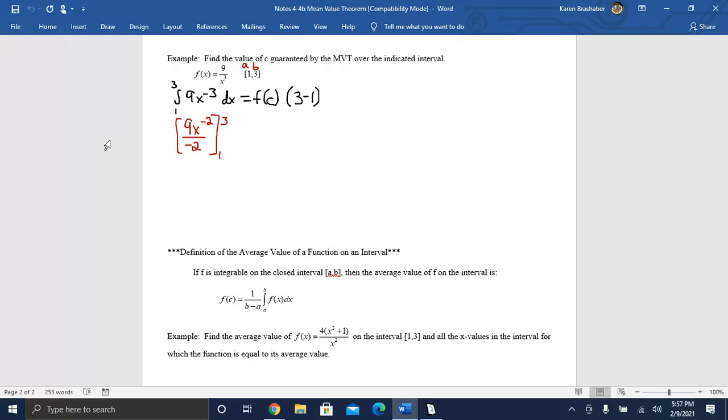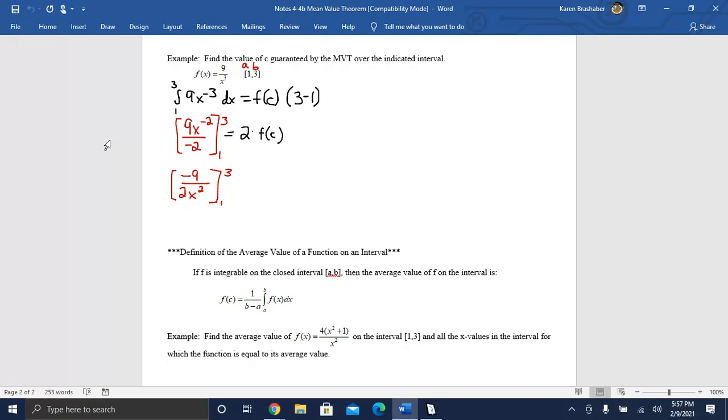On the other side of the equal sign, I'm going to keep my equation. 3 minus 1 gives me 2 times my variable f of c. And I'm going to clean up the integral just a little bit, having negative 9/2 and putting that x with a positive exponent in the denominator, still evaluating from 1 to 3.